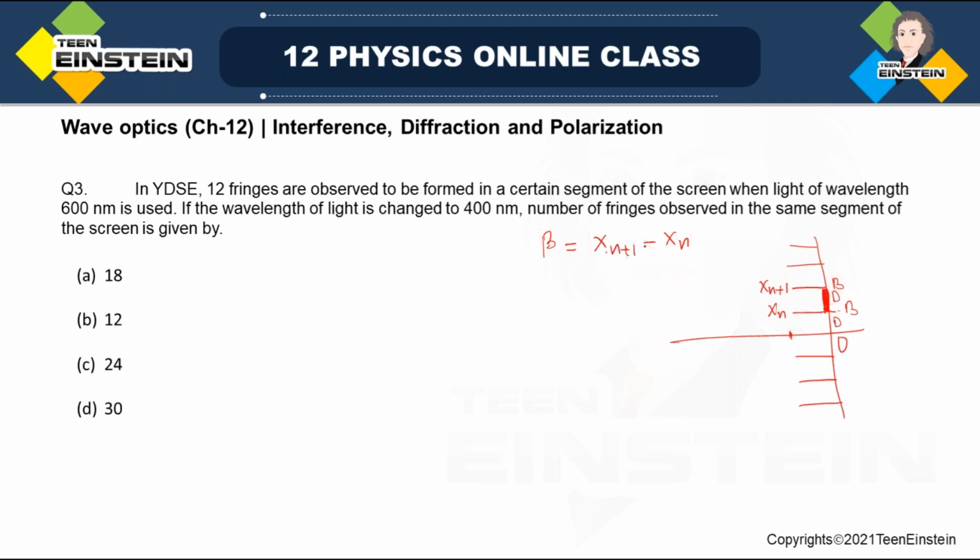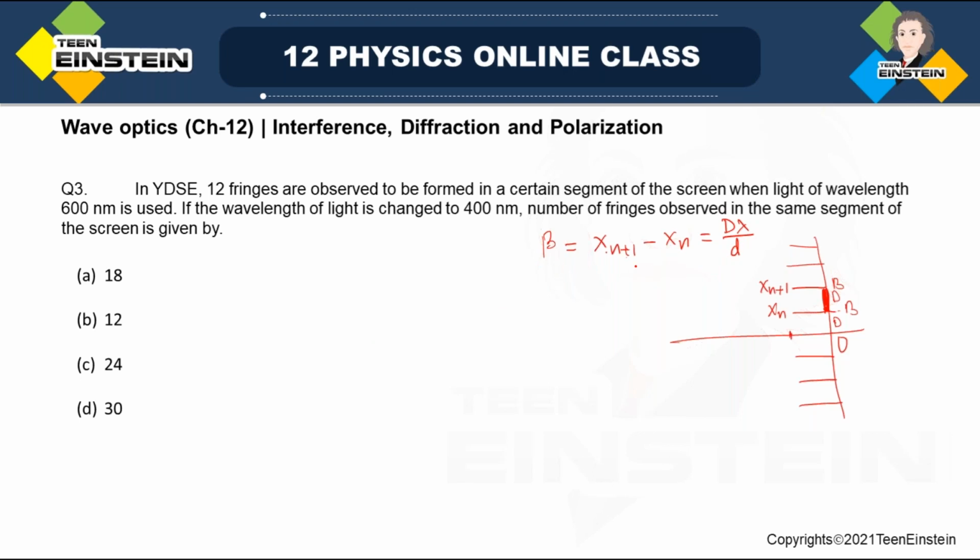It is written as beta is equal to D lambda by d, where d is the separation between the slits.